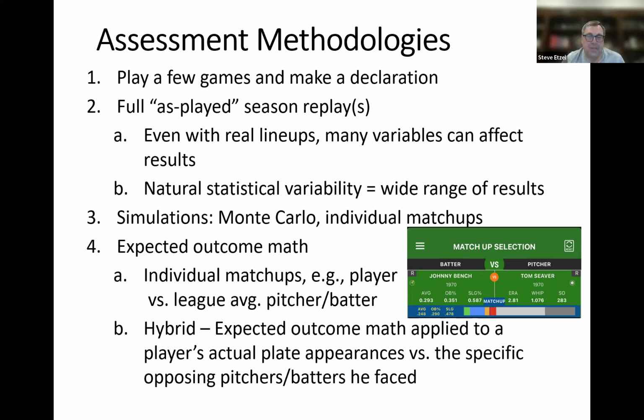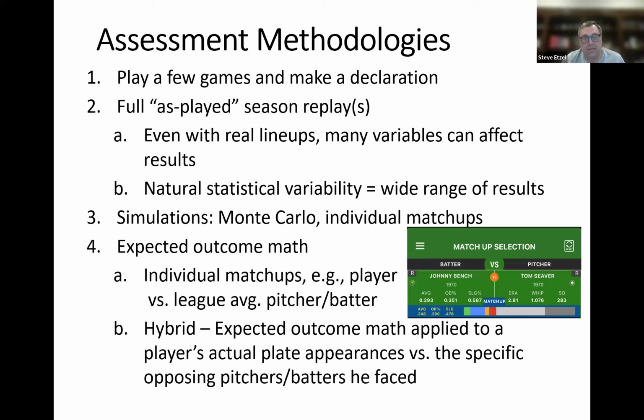Another way you can assess the accuracy of a sim is to write a simulation, either with a program, or maybe in a spreadsheet, where you replay the season, or multiple seasons, using the computer.